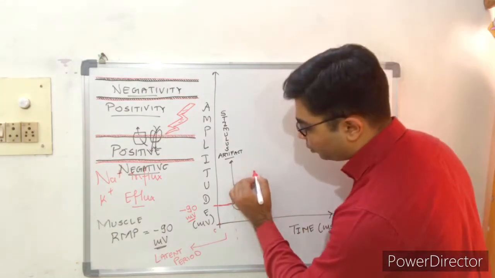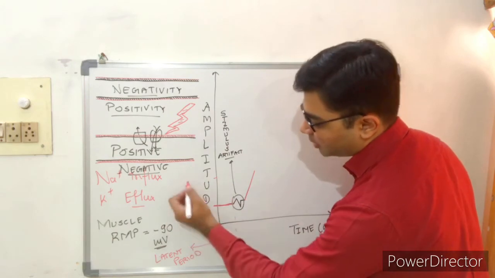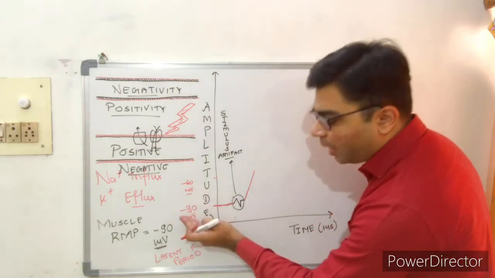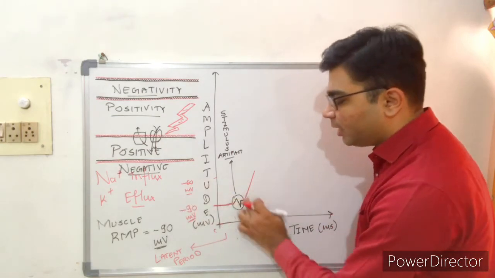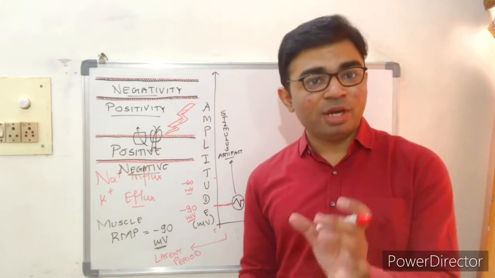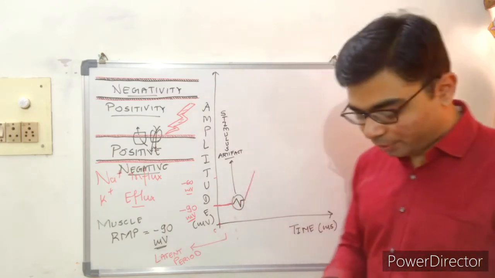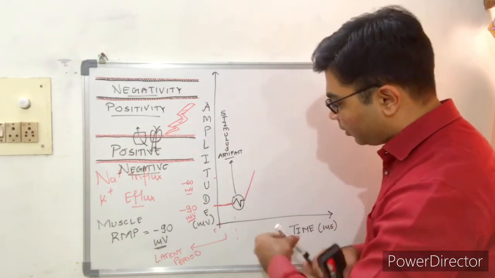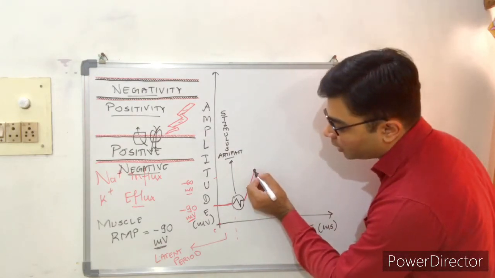Suppose it reaches to some extent, minus 60 millivolts. So there is a slight increase in the positivity inside the cell membrane, and whenever positivity increases inside the cell membrane, we call it depolarization. But in this depolarization, there is a point which we call the firing level.